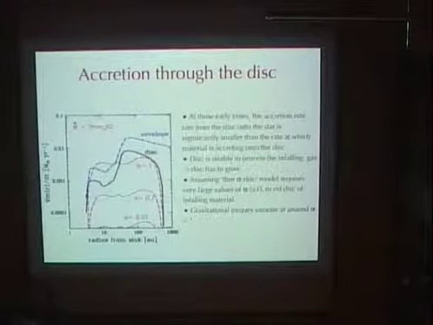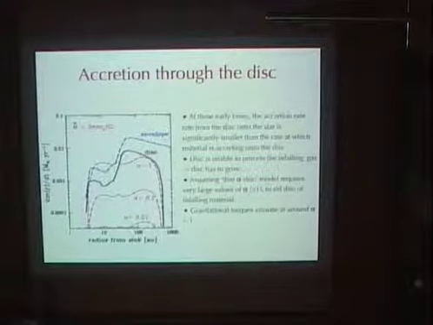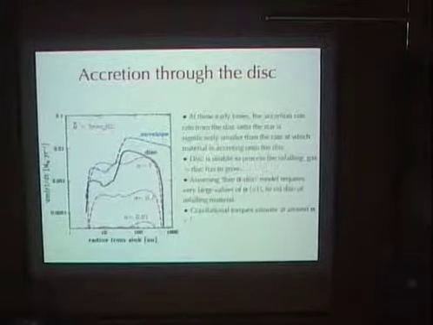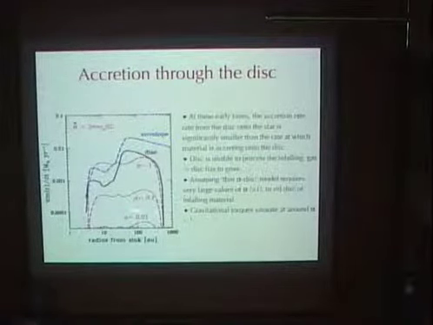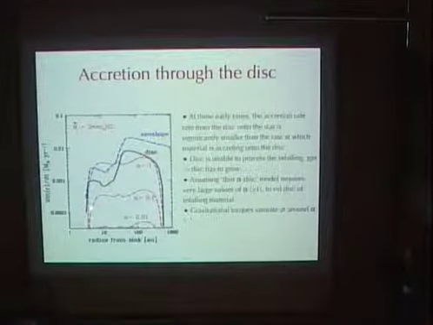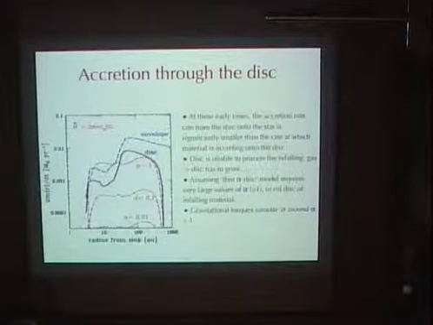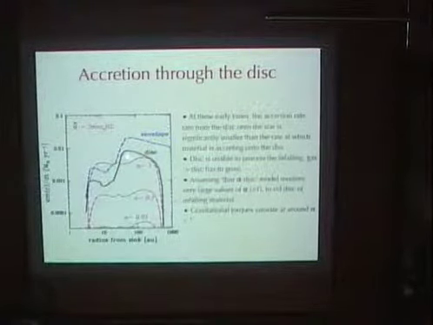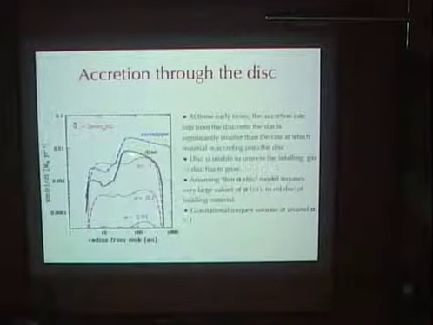The reason we build up such a massive disk is simply because gas is accreting onto the disk faster than it can be processed onto the star. This is a somewhat complicated figure. What we're showing here, with the black line, is the rate at which material is moving through the disk, along the midplane of the disk towards the star. If we look at, say, 100 AU, gas is flowing radially inwards at that point in the disk at a rate of about 0.01 solar masses per year.